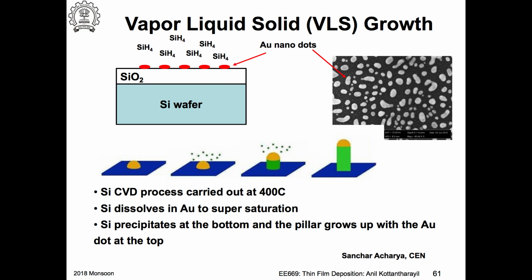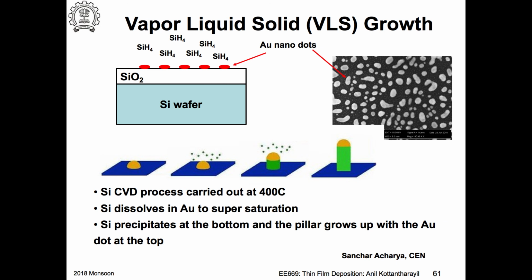So you have a liquid which contains gold and silicon, but it's already a liquid, okay. So that is why it is called vapor liquid solid growth. And then as silicon keeps dissolving in this liquid, it becomes supersaturated with silicon, okay. So silicon will then start to precipitate, okay.